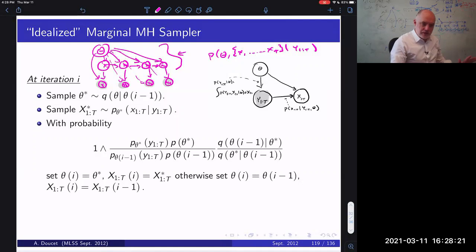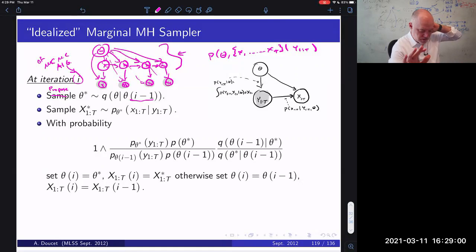You might imagine sampling in the following manner, a Markov chain Monte Carlo algorithm that samples in the following way. In our language, this would be propose, so don't worry about this. So we sample theta star from some proposal distribution, conditioned on theta i minus 1, where i is the iteration of the MCMC algorithm.